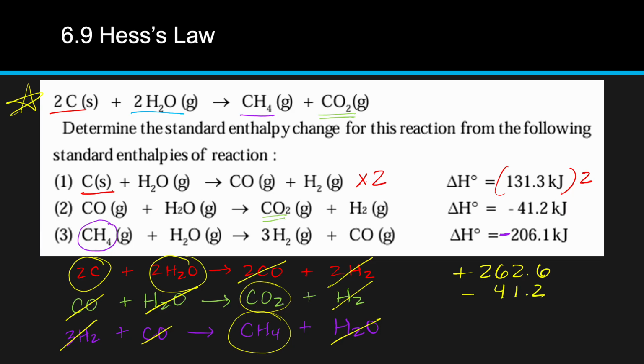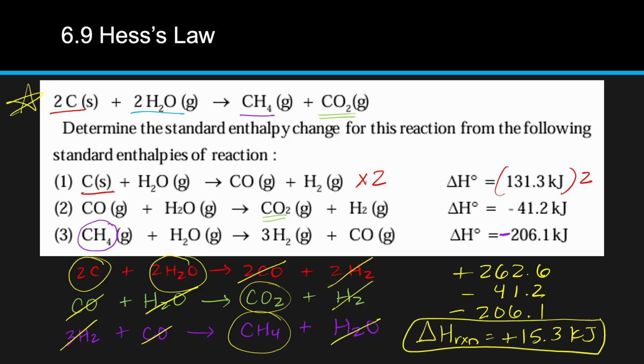And I did change my final one by changing the sign, so negative 206.1. So I'm going to add all those together. 262.6 minus 41.2 minus 206.1. That's going to give me an overall delta H of reaction of positive 15.3 kilojoules. And that will be my final answer.